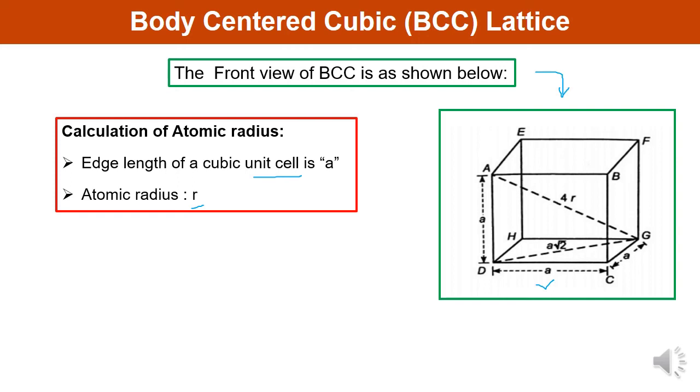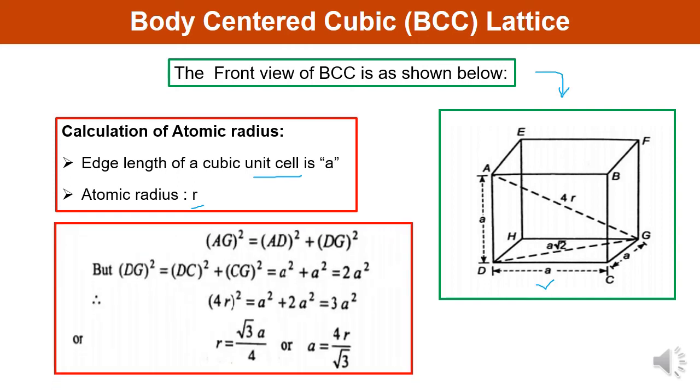From this diagram you can see that AG square is AD square plus DG square, which you have written over here. At the same time, DG square is DC square plus CG square, which is A square plus A square, so DG square is 2A square.